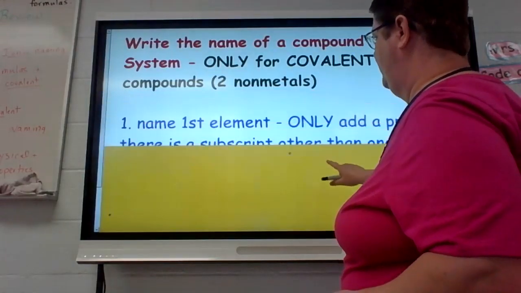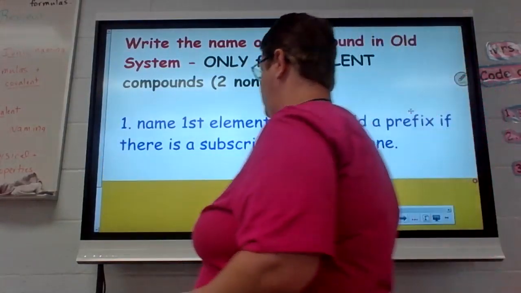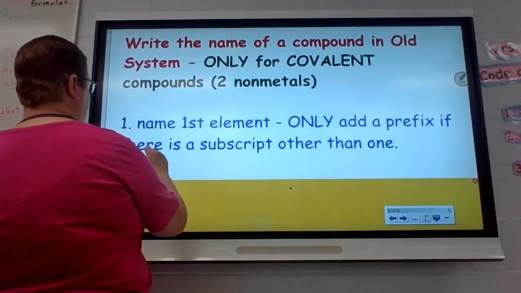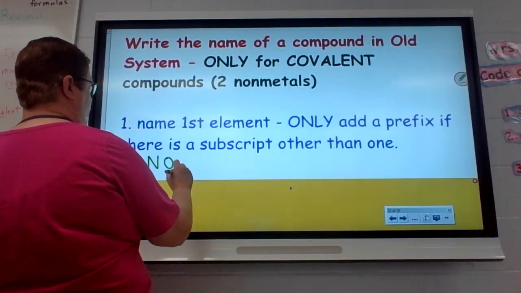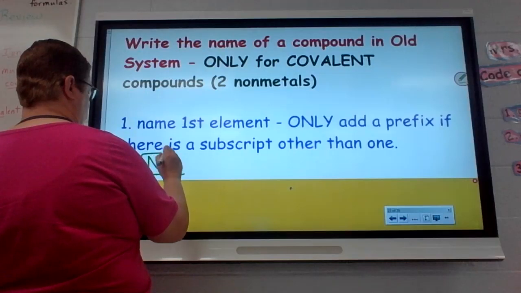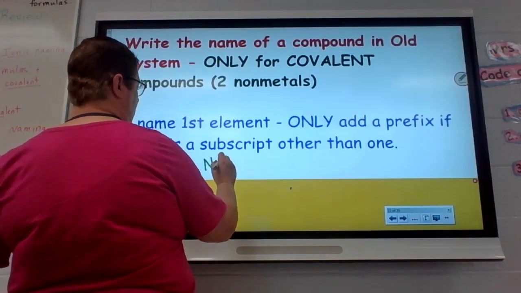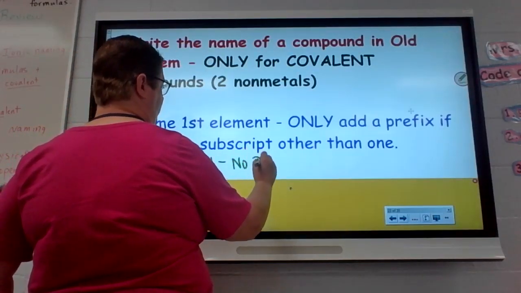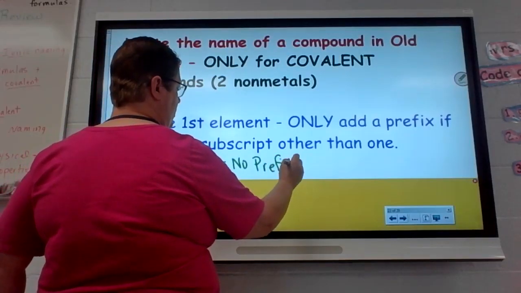So are we just taking this, what we're learning right now, and adding it to everything that's learned? Yep. So if you have something like NO2, the N has no prefix.